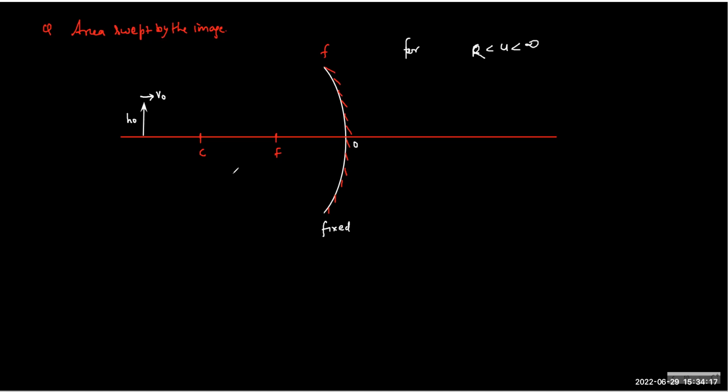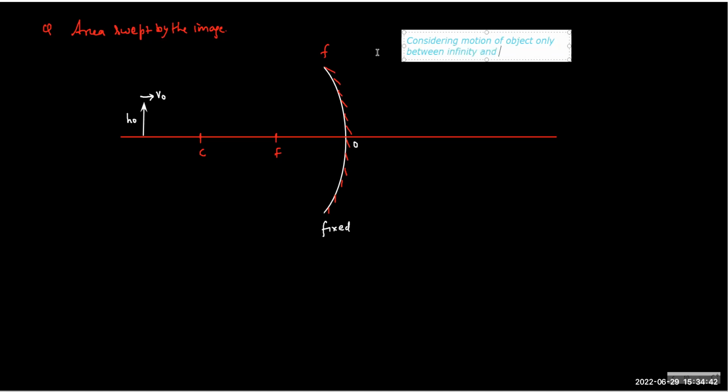I mean, the motion I'm considering is beyond C. Or you can write in words: considering the motion of the object only between infinity and the center of curvature, find the area swept by the image as a function of time.